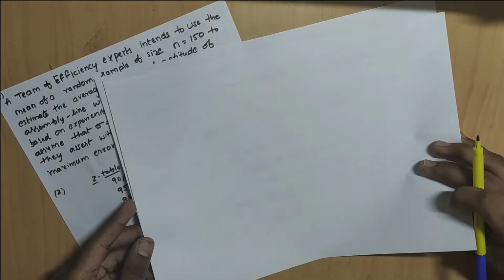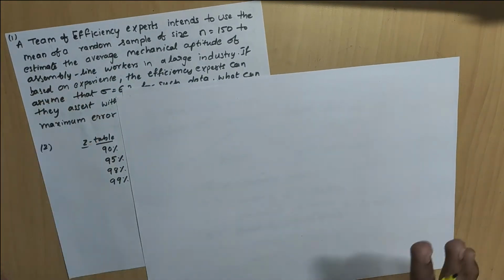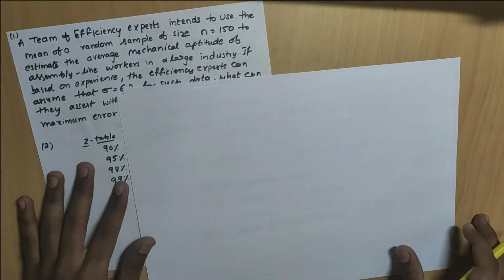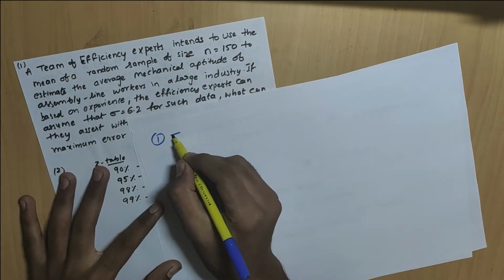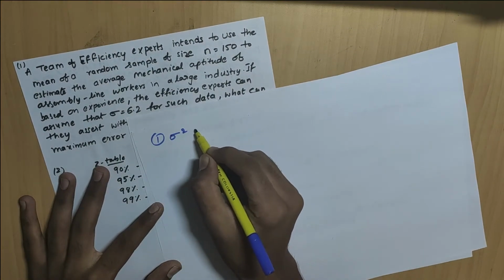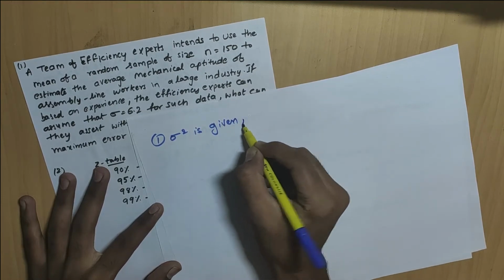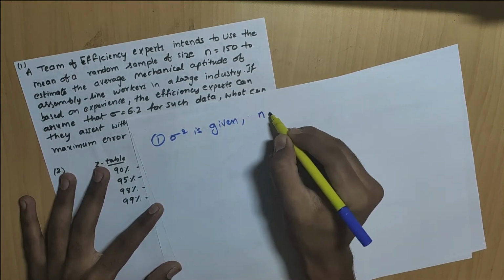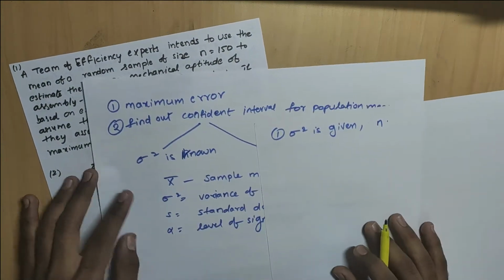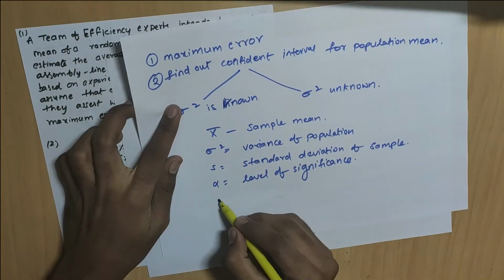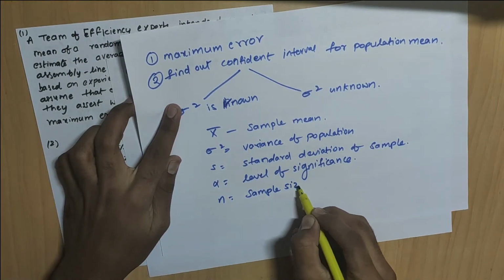Going to the problem, I'm first going to list out the formulas. Where sigma square is given, and n is the sample size. I forgot to write that here.